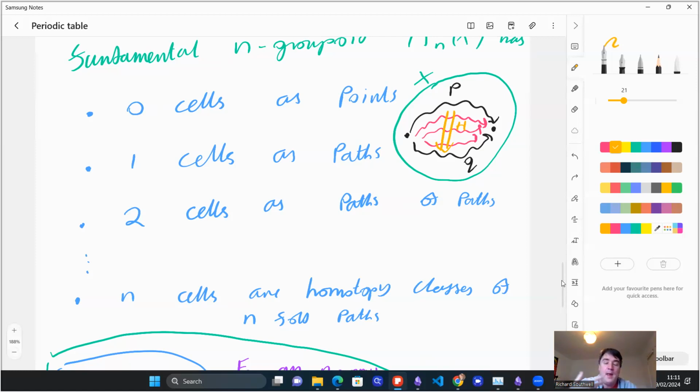So for example, if you just wanted to consider the one groupoid of a topological space, then that would be a groupoid, which is basically just like a category where every arrow is an isomorphism, and the objects would be the points of the space, and the arrows would be the paths in the space.